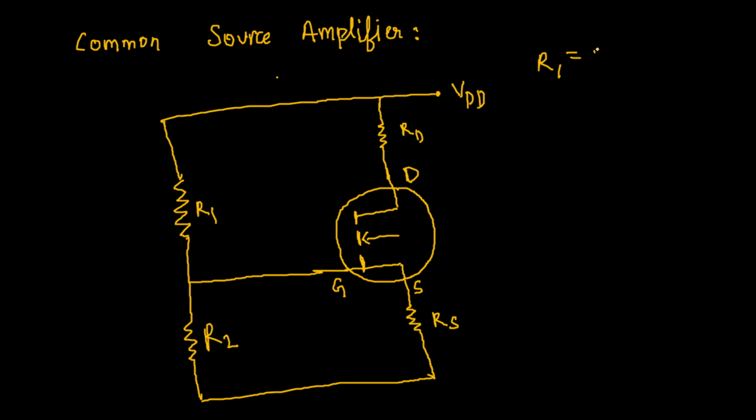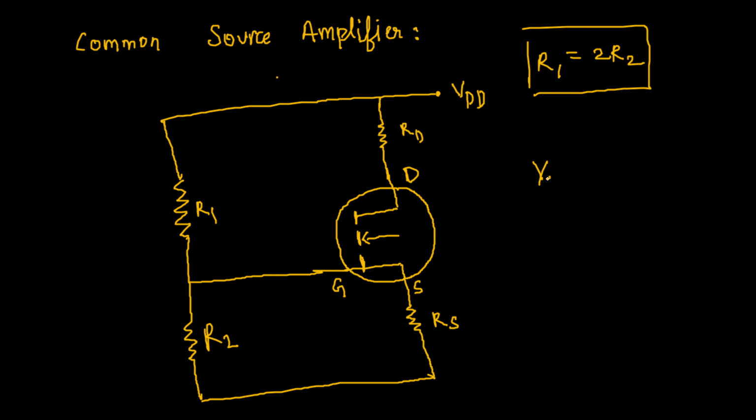R1 is always equal to 2 into R2 when we are talking about this particular amplifier. Okay, and since everyone has already completed the BJT lecture and they know how we simplified a voltage divider bias, we'll just directly apply that here. We'll use Thevenin's theorem and simplify these two resistors.